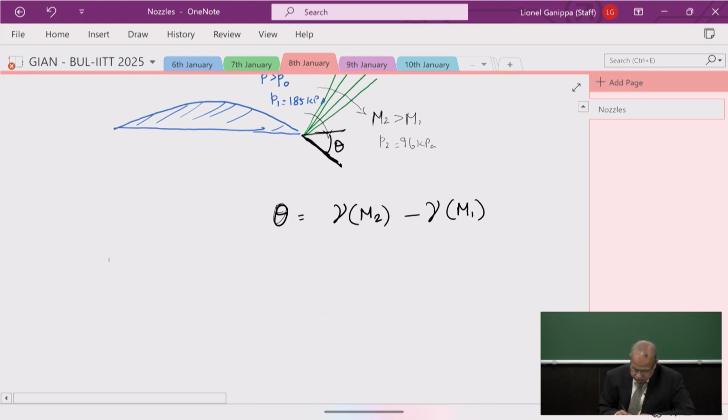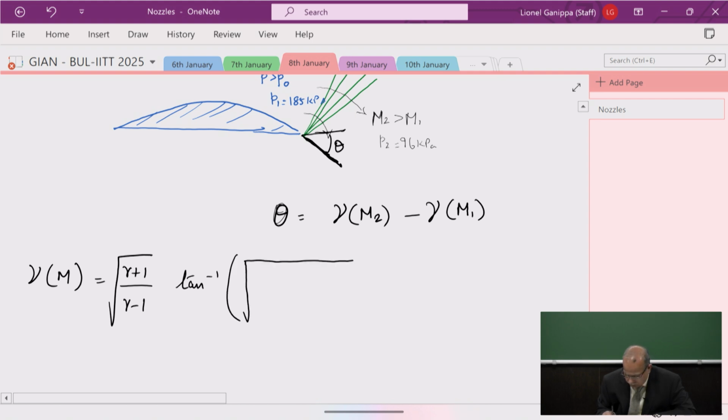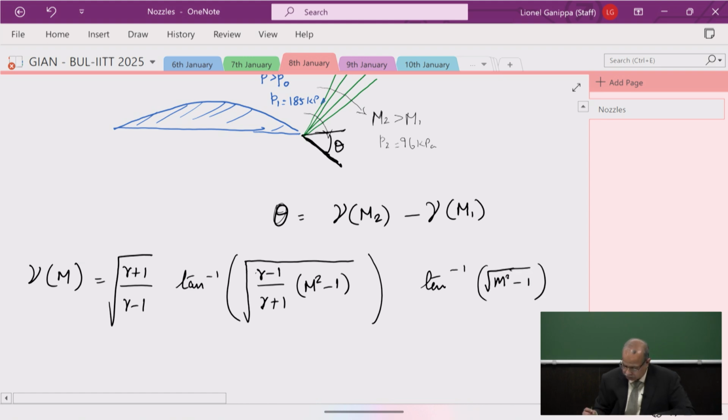So we saw this morning that the Prandtl-Meyer function is the square root of (gamma plus 1) by (gamma minus 1), times tan inverse of the square root of (gamma minus 1) by (gamma plus 1) times (M squared minus 1), and then minus tan inverse of the square root of M squared minus 1.